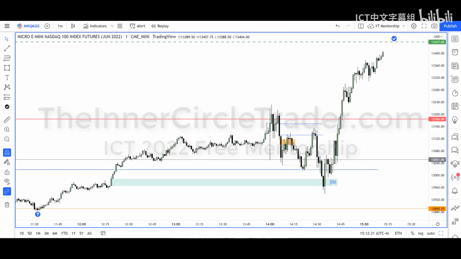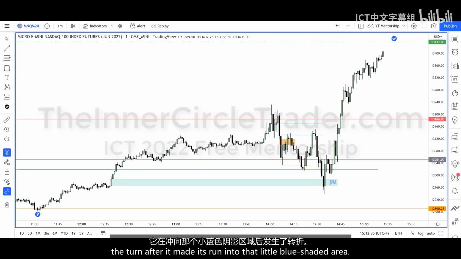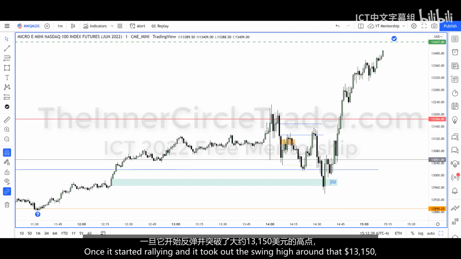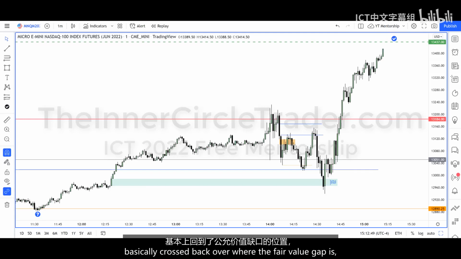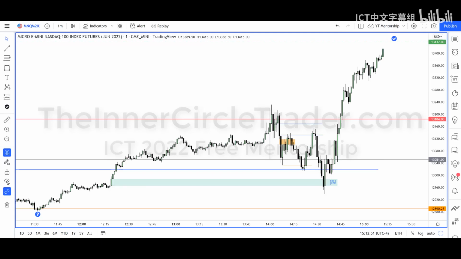Now, what I did was I took the low at the turn after it made its run into that little blue shaded area. Once it started rallying and it took out the swing high around 13,150, basically crossed back over where the fair value gap is, the larger one that it dropped down into.